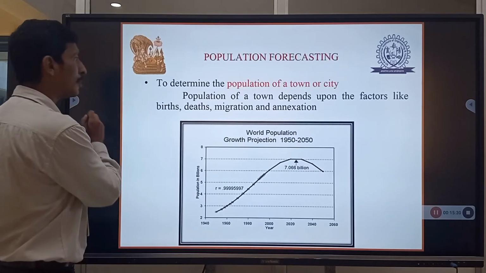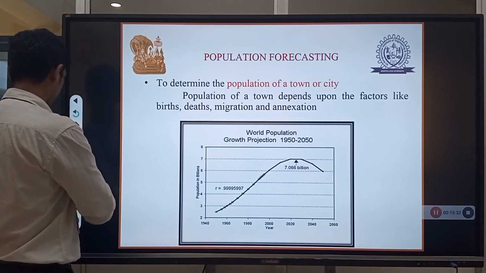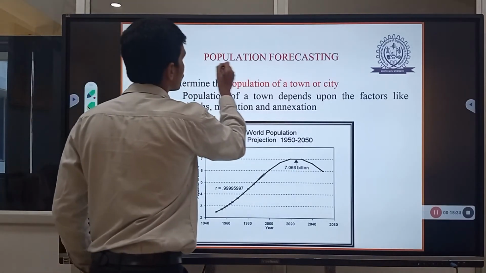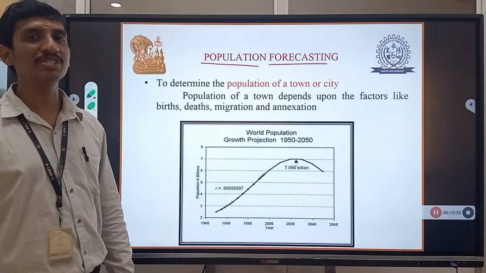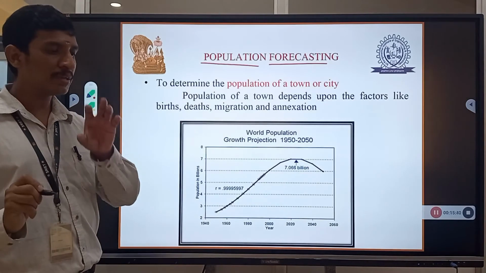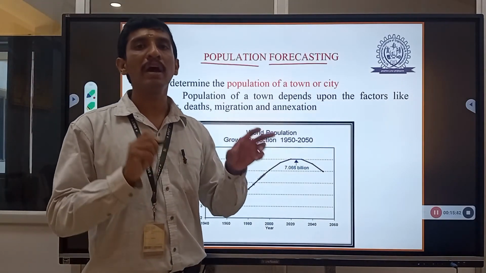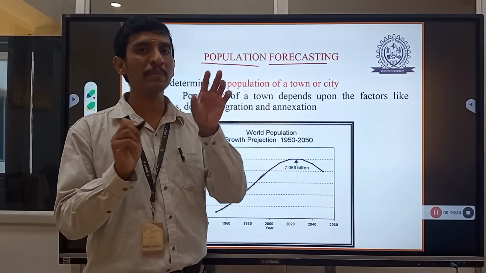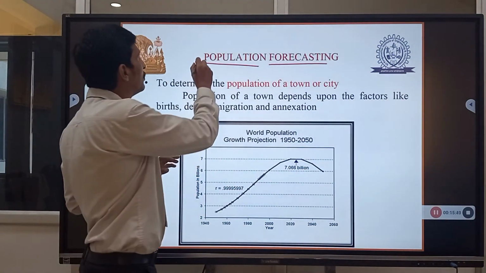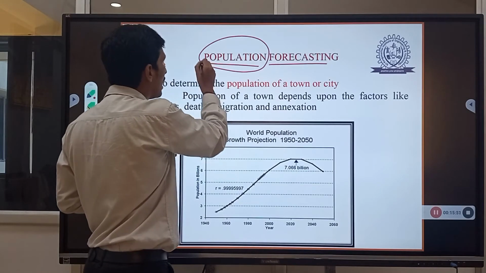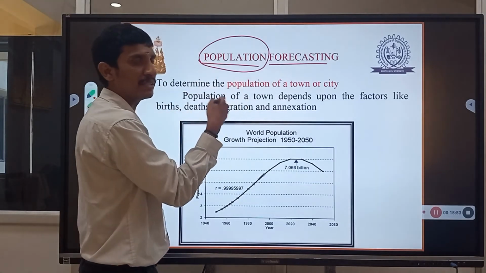Then population forecasting. For designing the hydraulic structure, we must know how many persons will use it and for how long a period. For that, we must know the population at present and how it will increase in the future.